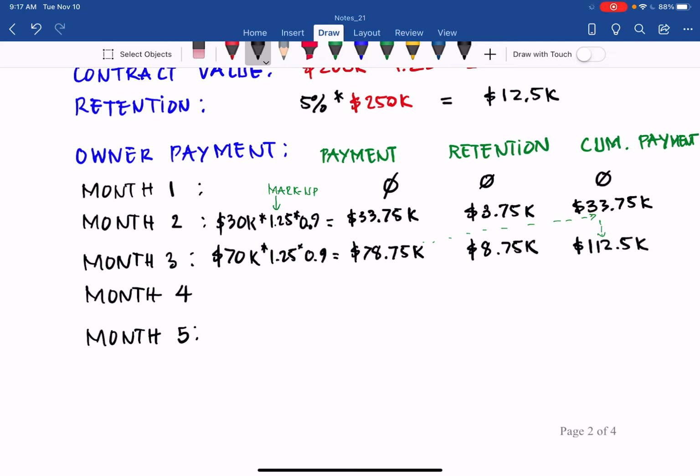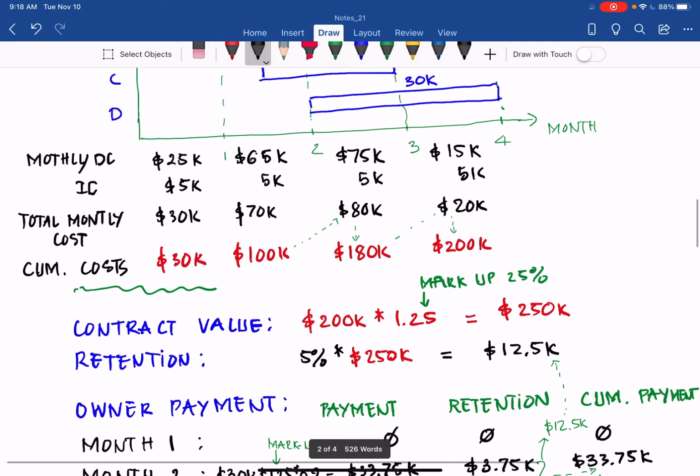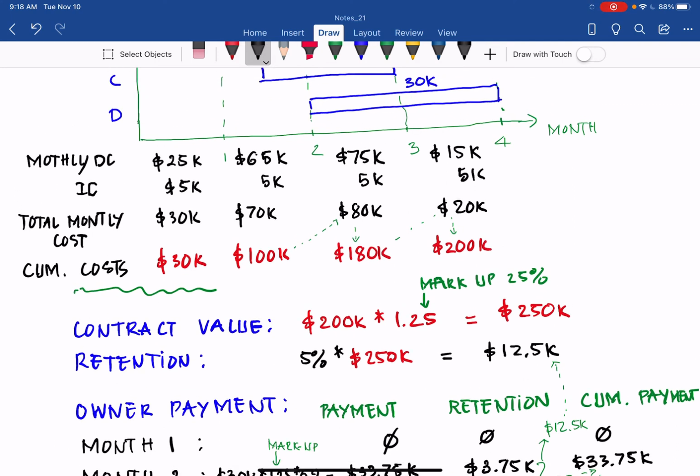As you can see, the total of the retention is already 12,500, so it already equals the maximum retention it can have. That way, in the next month, there is no more retainage. So we have month 4 having to pay whatever was spent in month 3, which is 80,000.